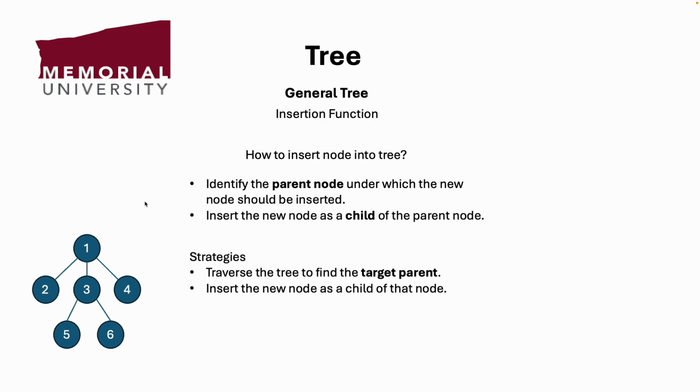Let's have an example here. Look at this tree. For example, we want to insert a new node under node 6. If we apply pre-order traversal, what are we going to do?